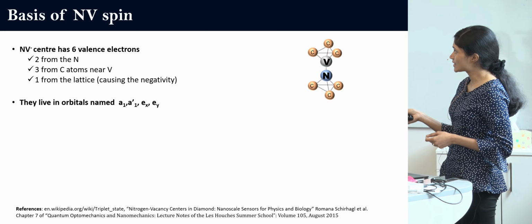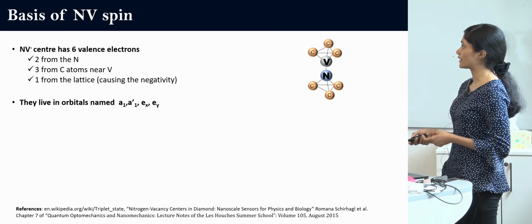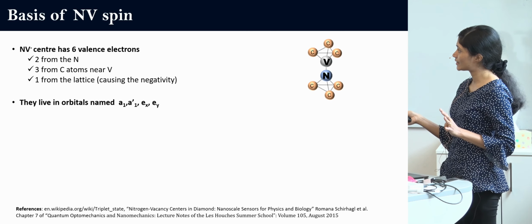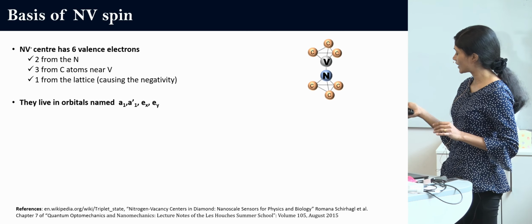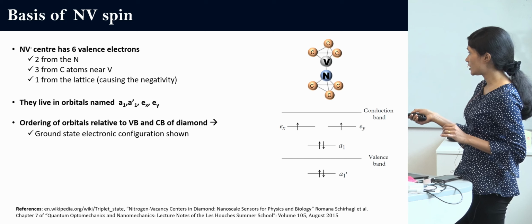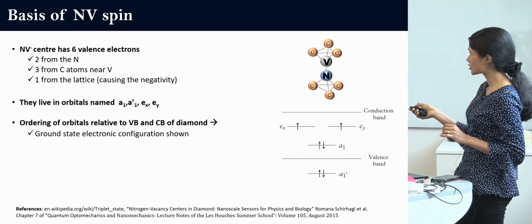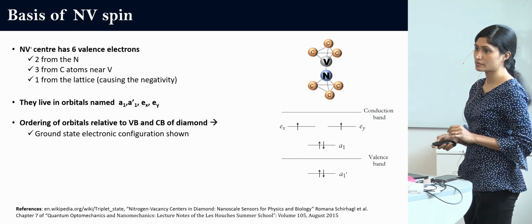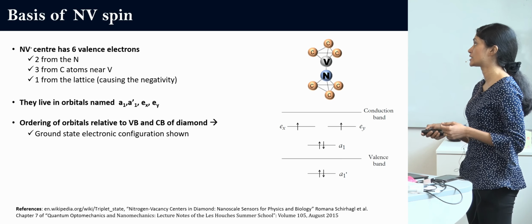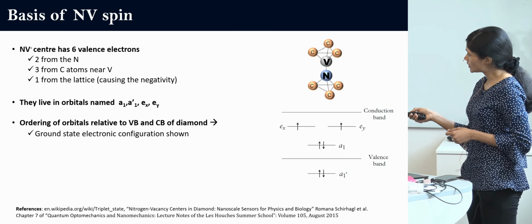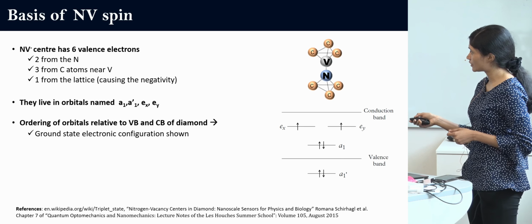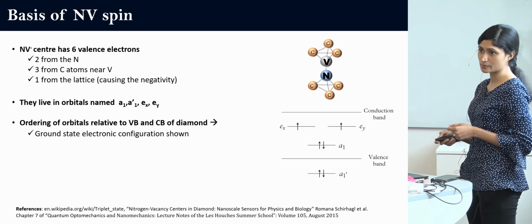And these 6 outermost shell or valence electrons live in 4 orbitals, and these are the names of the orbitals. And here's how the energies are arranged with respect to the conduction band and the valence band of the diamond host the NV Center lives in. And what you see here is the ground state electronic configuration of the NV Center.